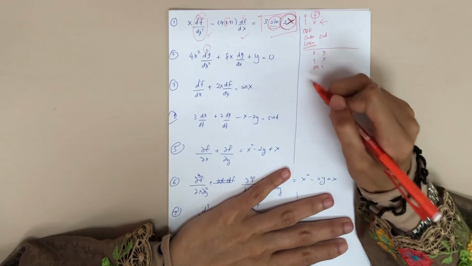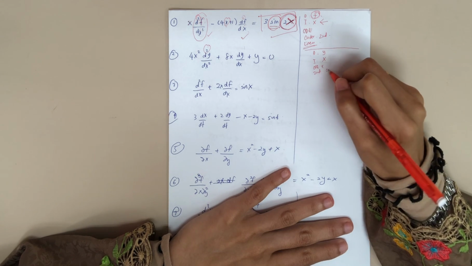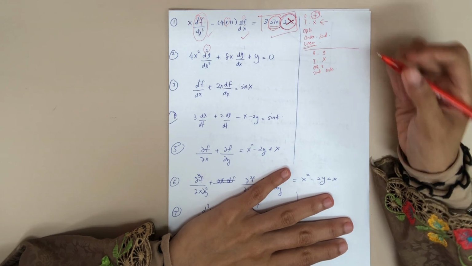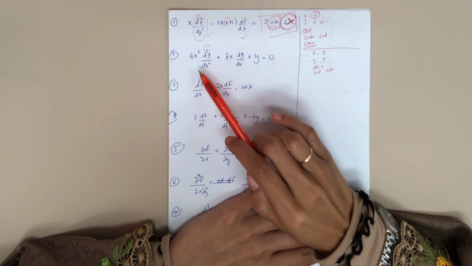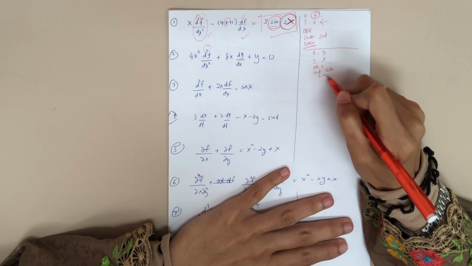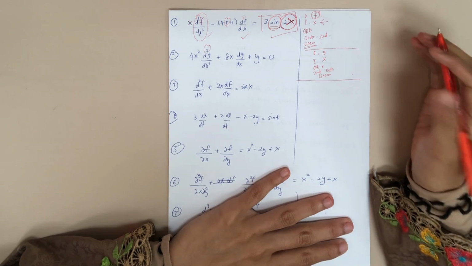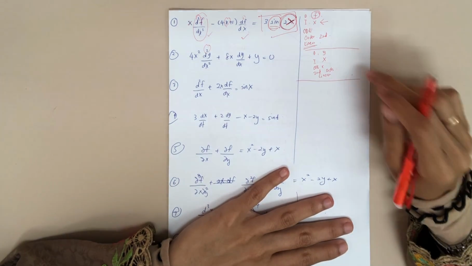The highest derivative here is second order. And then is it linear or non-linear? You can see one by one. This is a multiplication, so this okay, this okay, this also okay. So this is linear. I just go fast, so you can do it by yourself, then you can check with my answer later on.